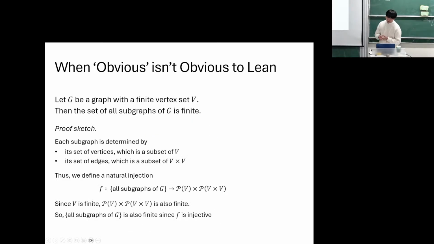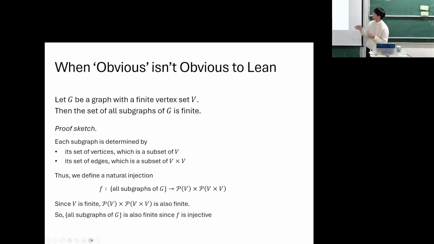To show Lean that the set of subgraphs is finite, we need to provide the following proof. The main lemma: let G be a graph with a finite vertex set V, then the set of all subgraphs of G is finite. The main idea of the proof is as follows.